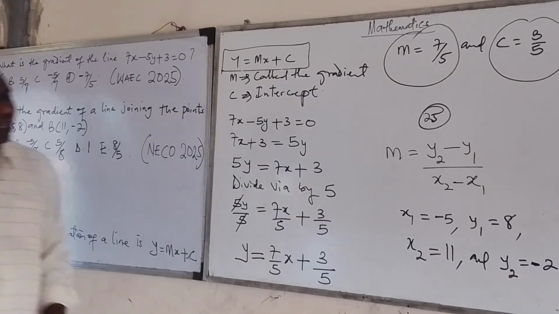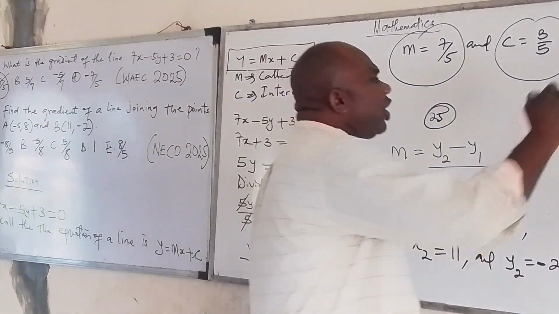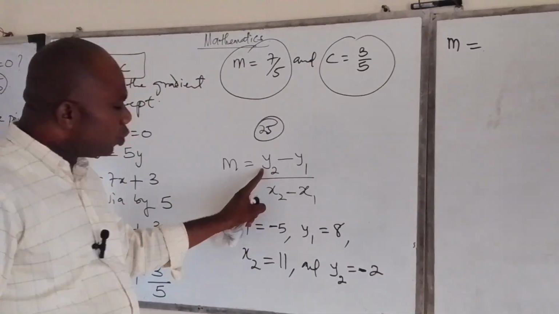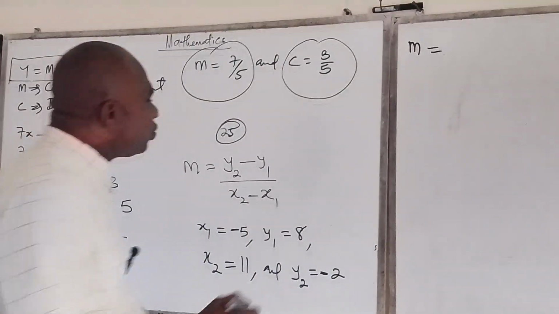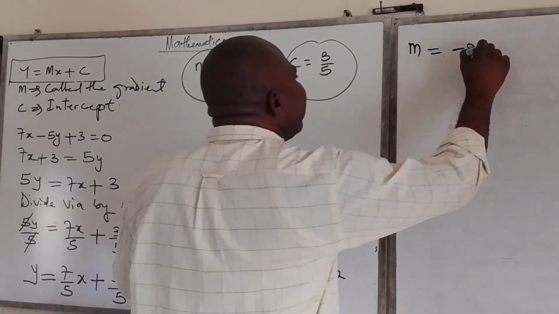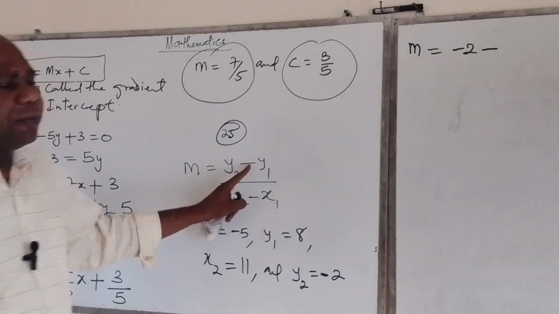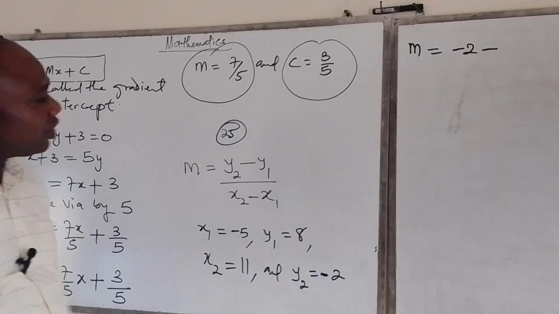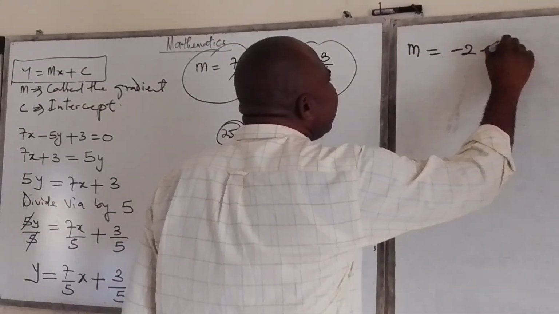Now, looking at this formula, the gradient m will be equal to y2, and the value of our y2 is minus 2. So you pick it there, minus 2. Then here we have minus y1, and the value of our y1 is 8.